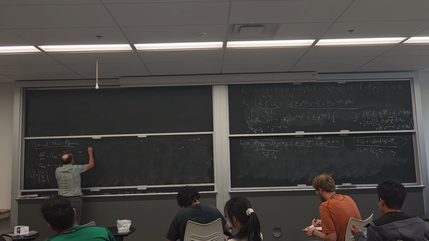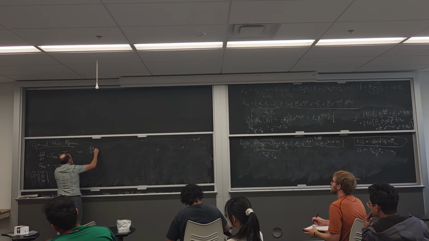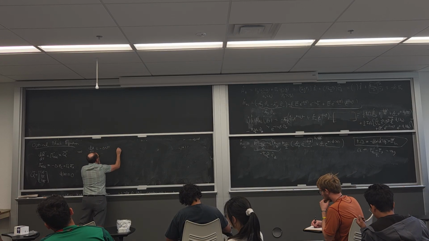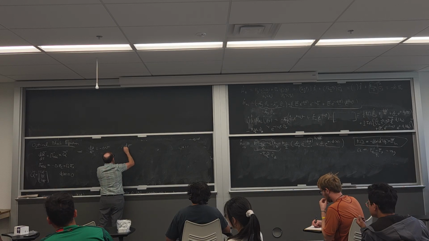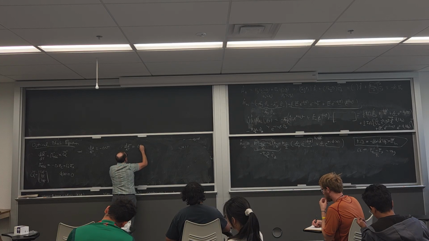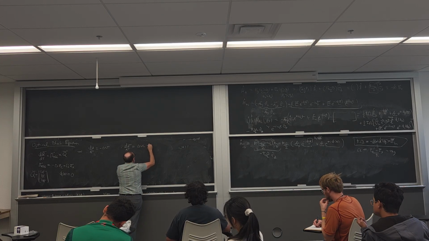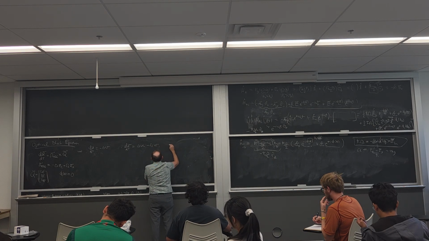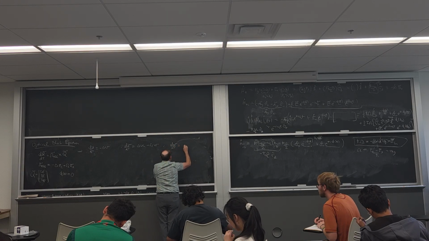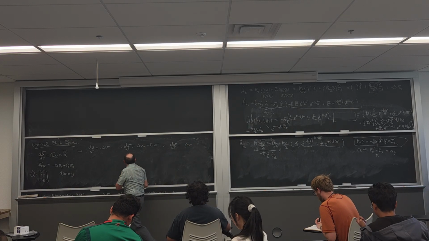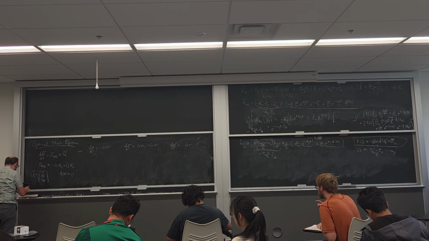And what they are is du dt is equal to minus delta v, dv dt is equal to delta u minus omega w, and dw dt is equal to omega v. Let me check the signs of those things, because I can never remember it.